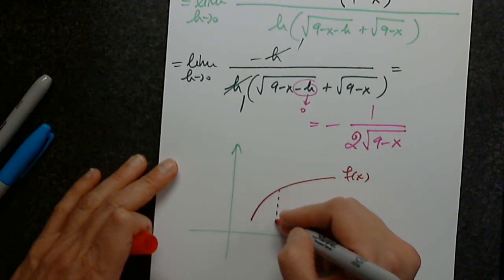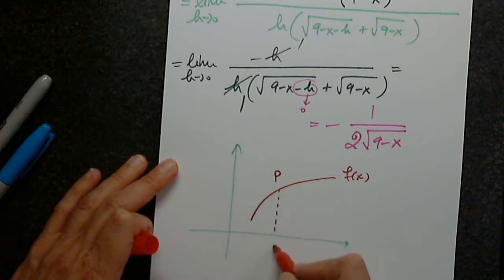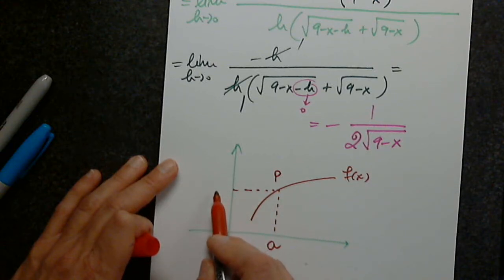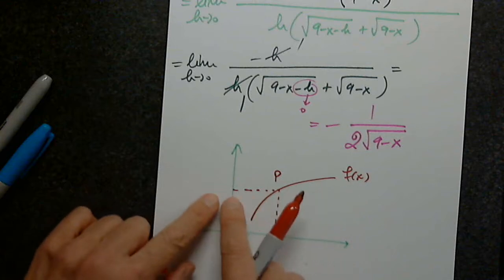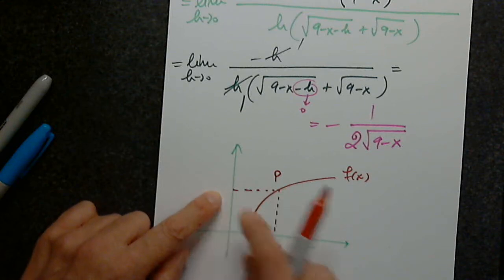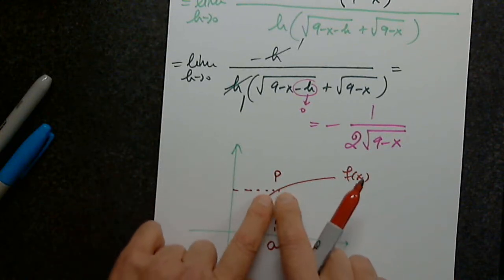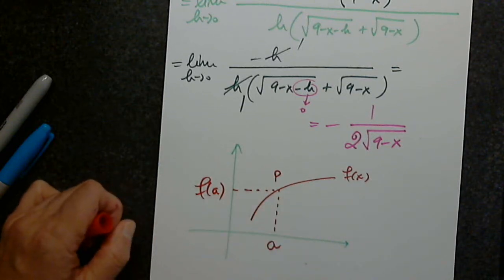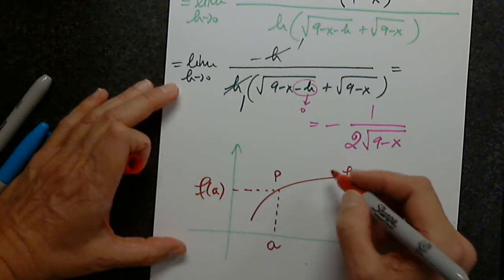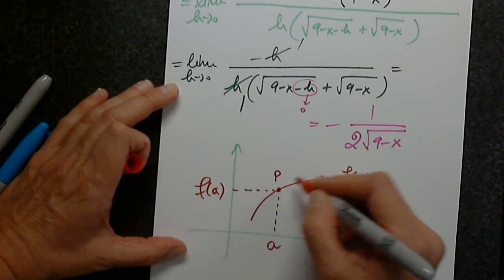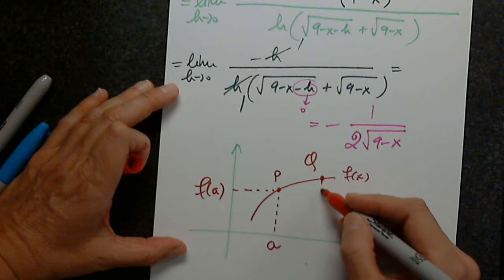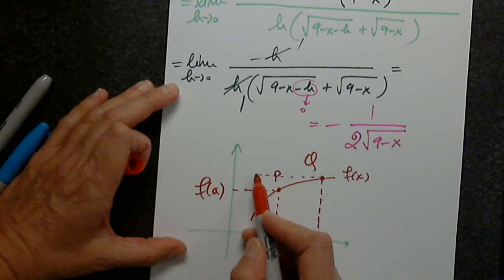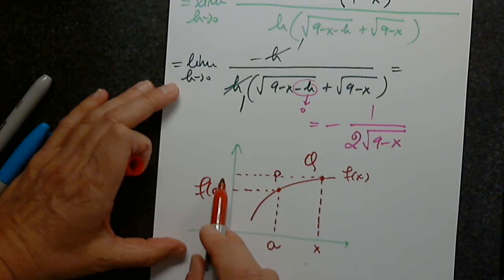Well, this time, P has coordinates A, and the y coordinate is, but if this is A, then this is, very good. And this is Q, but this time Q has coordinate X, and very good.